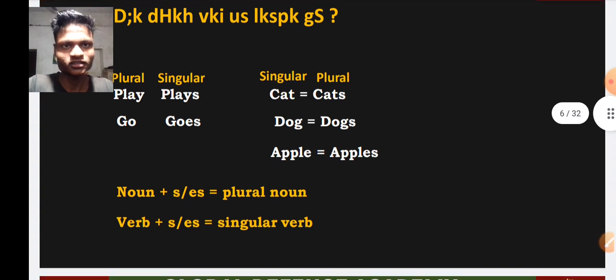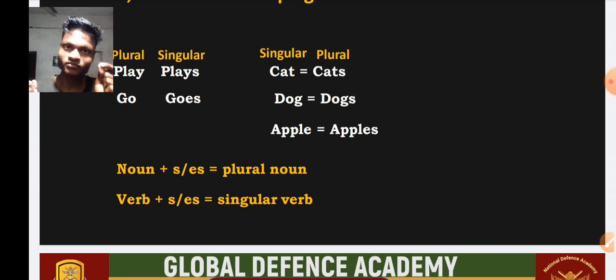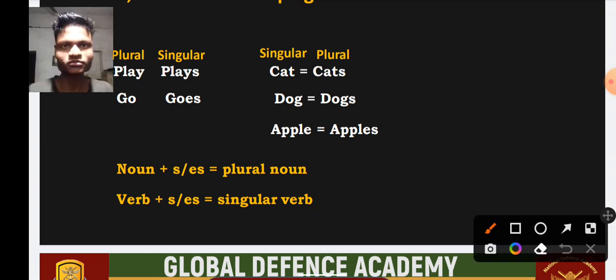And yes, this is a very important slide. I told you guys, this is very important. How? Then watch. Noun plus s or es, it makes a plural noun.